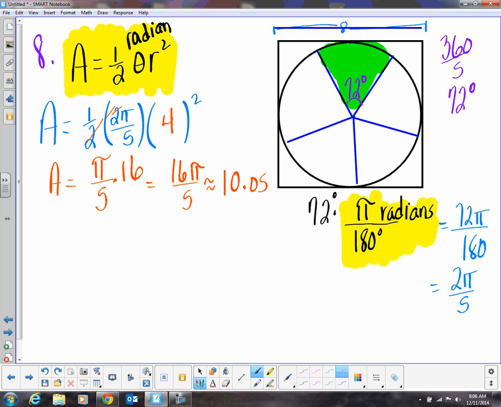Now listen to what it said. It said he can only order stone or sand in whole numbers of square feet. So he can't order 10.05. He either has to order 10 or 11. What should he order? If he orders 10, will he be short? Yes. So therefore, this is not typical rounding rules. This is real world rounding rules.